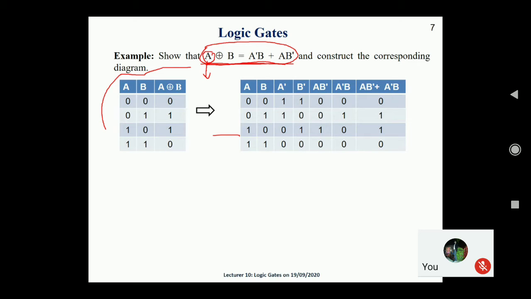Both are the same, and sometimes it is called a literal. Whatever operation we use is called an operator, and this is the assign symbol. When we combine two or more variables, such as A dash B, that combination is called a term.